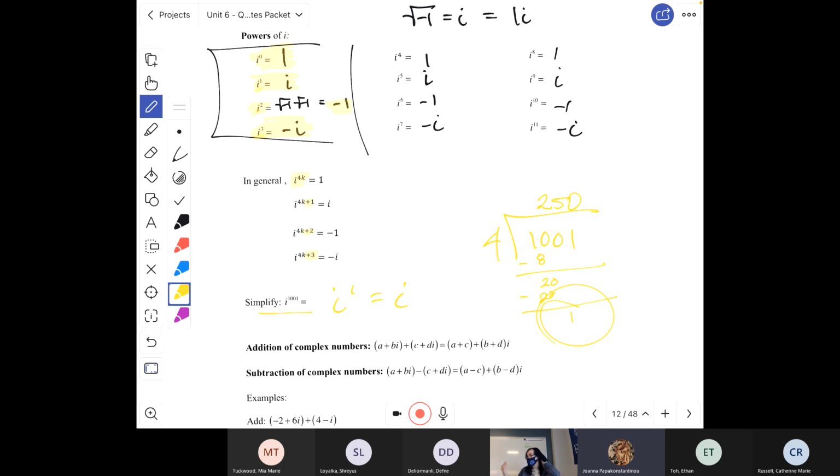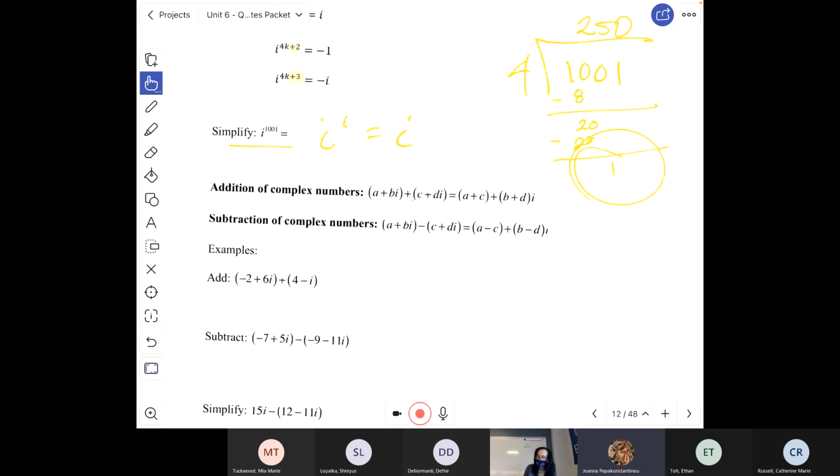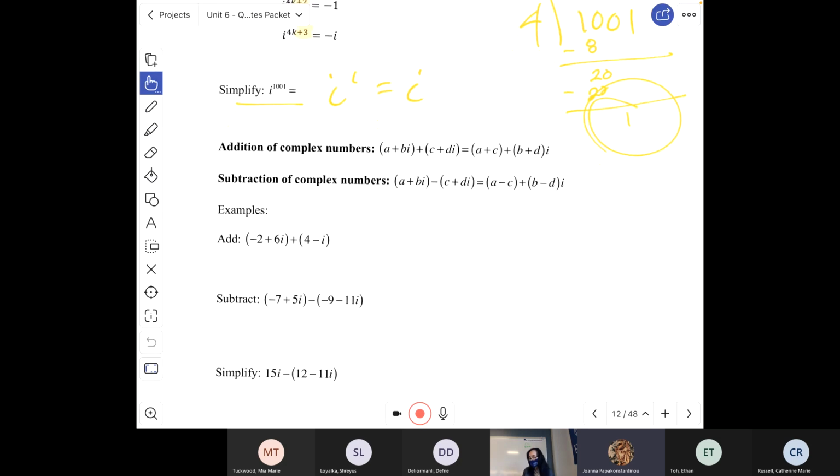So given i to a power on a quiz or a test, you're going to divide that exponent by 4 and see what the remainder is. The remainder is going to clue you in to which of these 4 you're going to use. Make sense? Okay. Now, let's say you have complex numbers and you want to perform addition or subtraction of those complex numbers. It's just combining like terms.